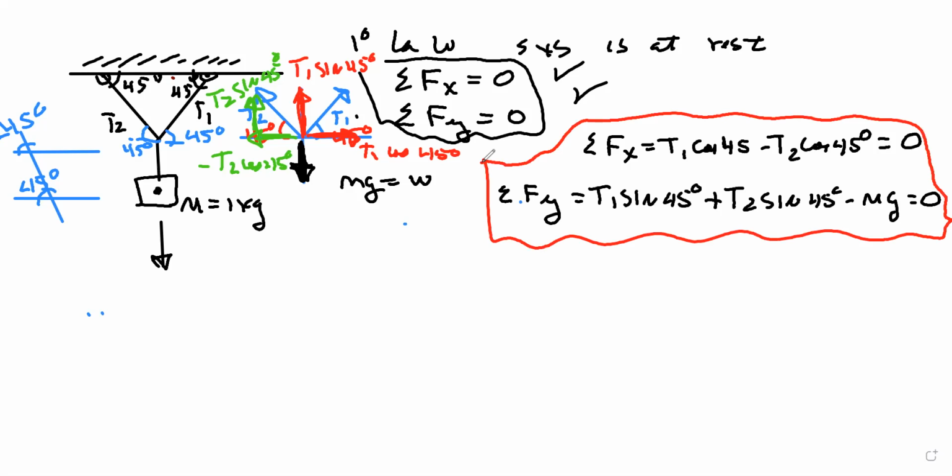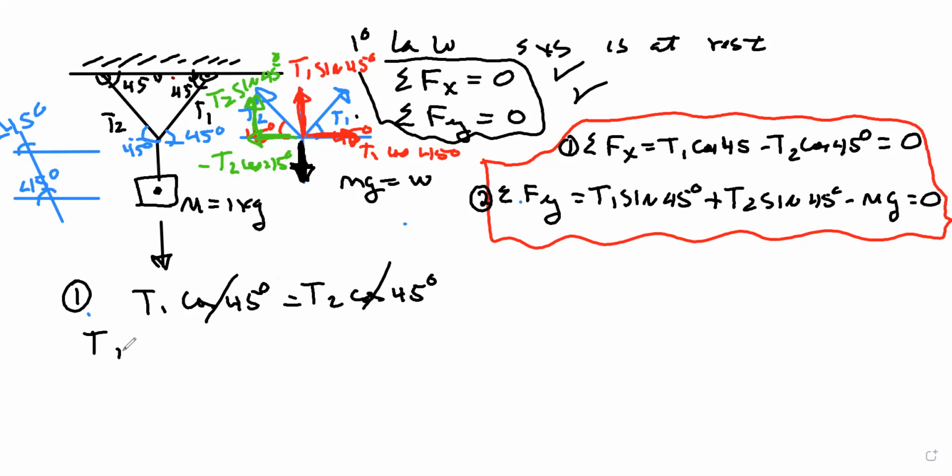Okay, and now let's go with equation number 1, and this would be equation number 2 right here. So let's solve equation number 1. We can say that T1 cosine of 45 degrees is going to be equal to T2 cosine of 45 degrees, so we can cancel these out.